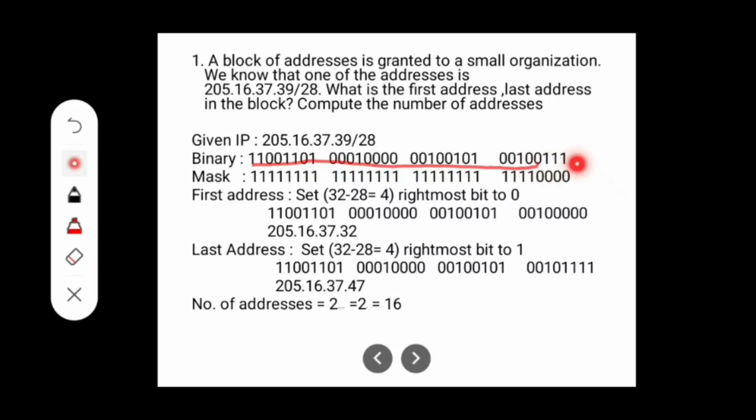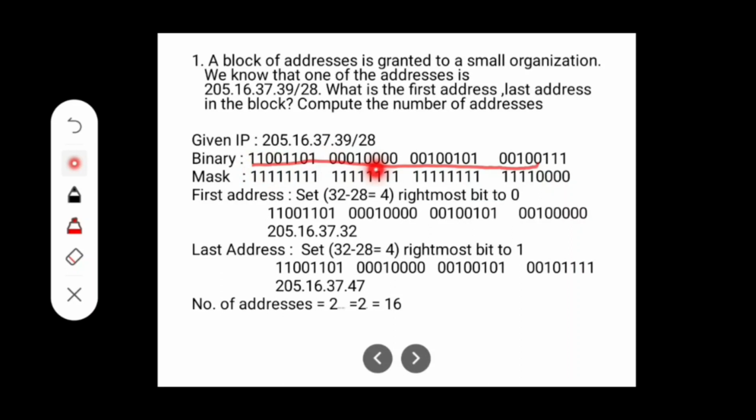Only the last 4 bits will change. How can we represent the first address? We set 32 minus 28, that is the last 4 bits, to 0. That will be the first address.